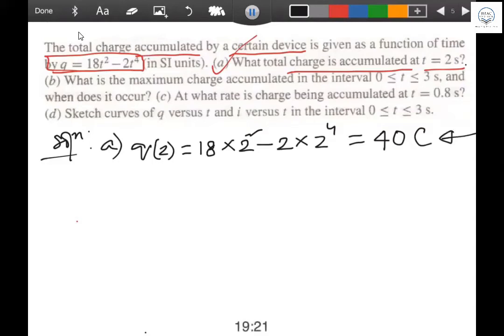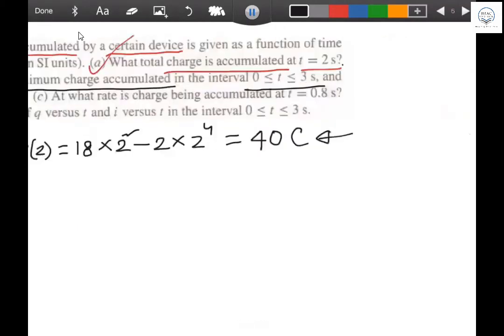That's the way. Now let's go to the second question, B: what is the maximum charge accumulated within 0 to 3 seconds? That means we have to find the maximum charge accumulation. If you want to find the maximum charge accumulation, then maybe I can show you here.